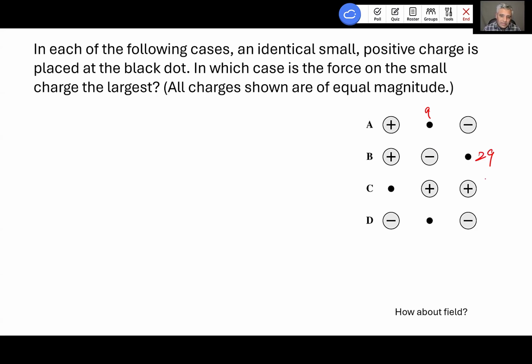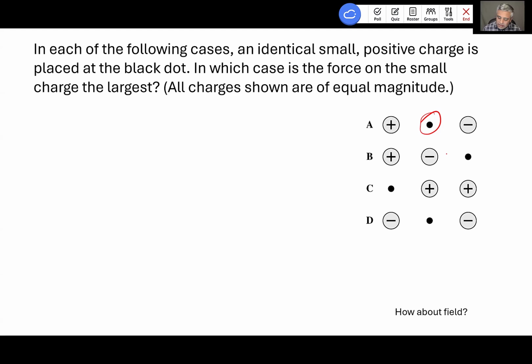That would be the question. The same question can be about force or field. If we are writing in terms of force, then you have to have a charge at the point of interest. But if we are talking about field, then we don't need a charge at this point.